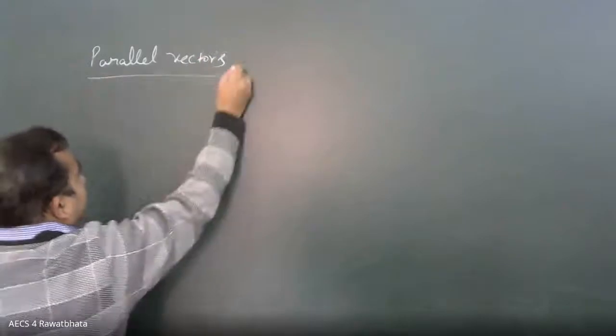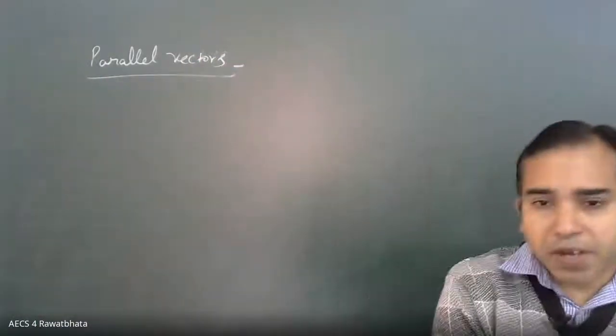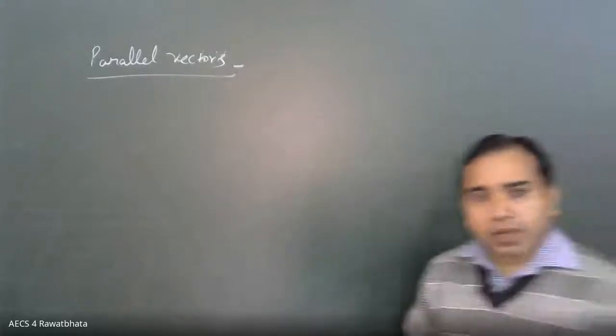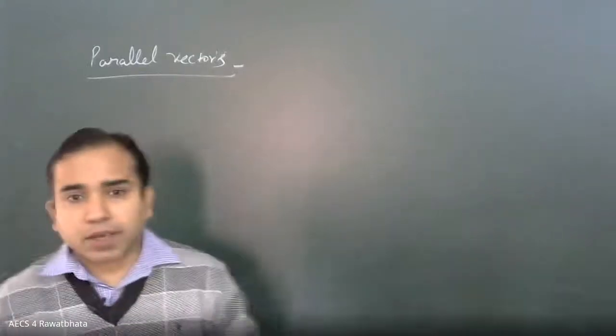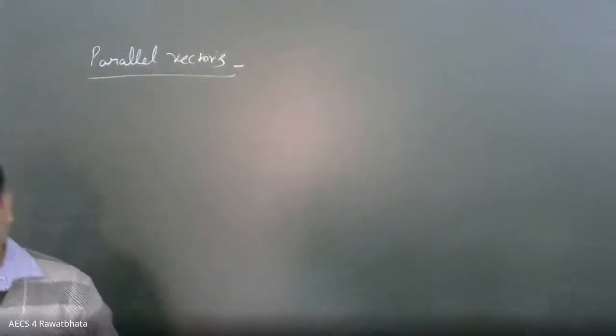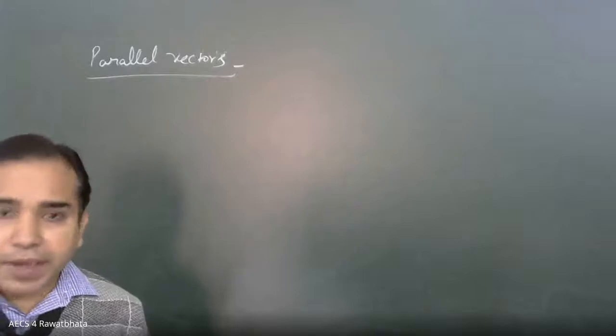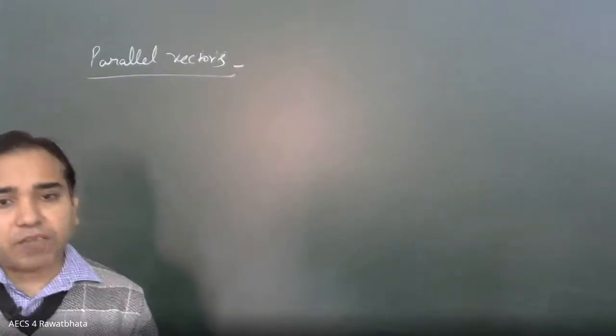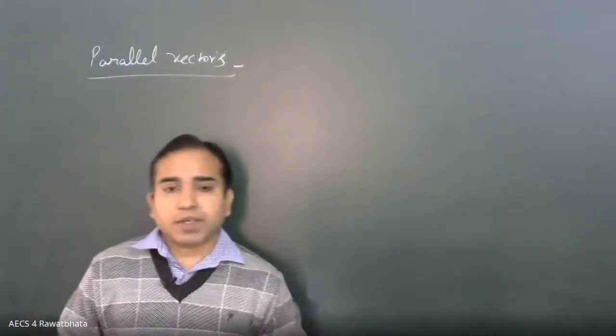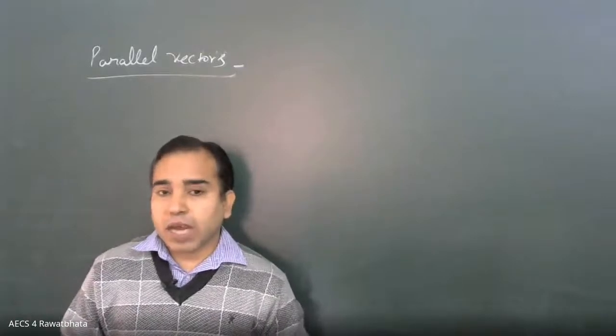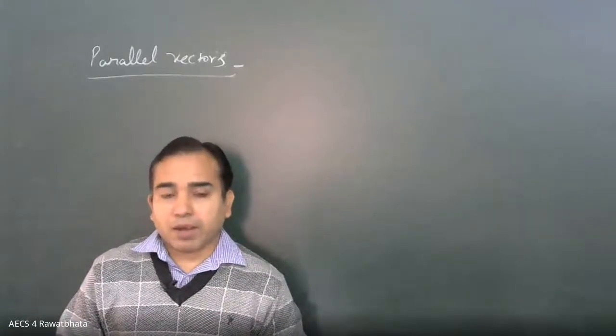Can you make a guess, what parallel vectors could be? Saurabh, Meena, can anyone guess what parallel vectors could be? It's clear from the name itself that parallel vectors are those vectors whose lines of action are parallel.